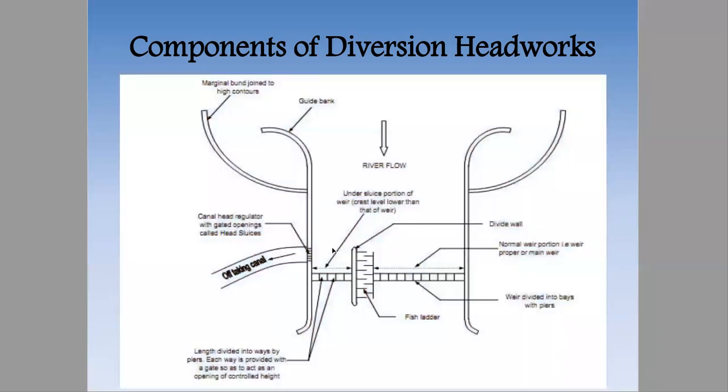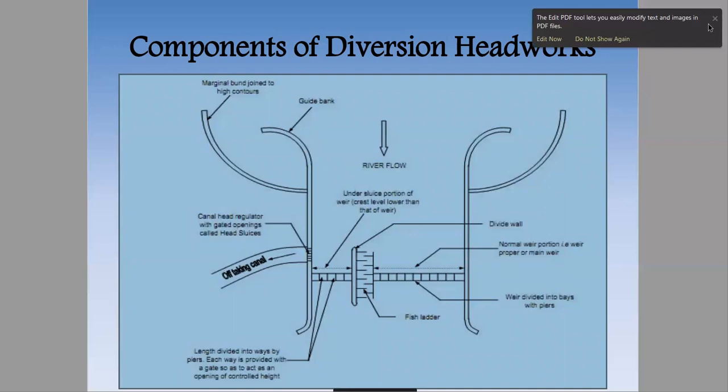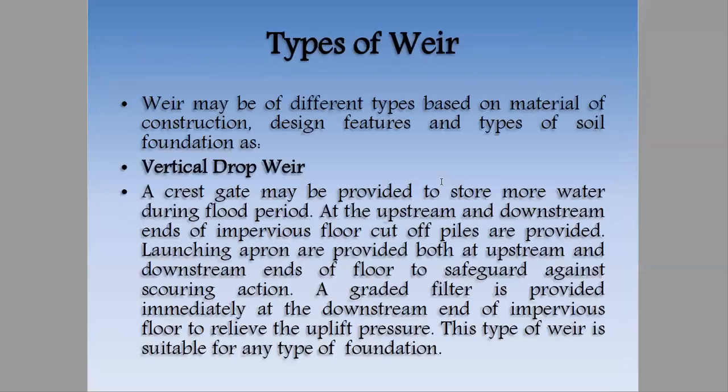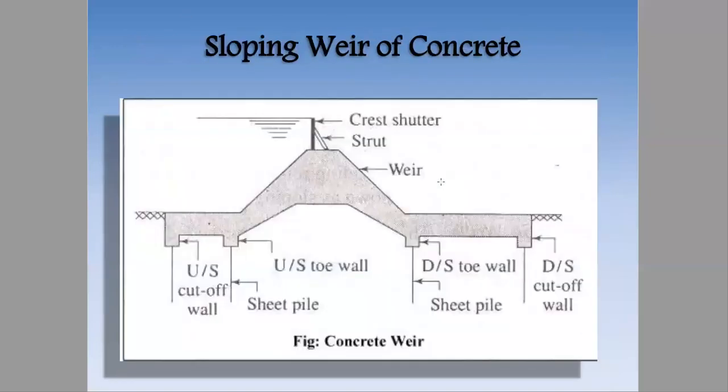Then we will not get that much supply. So to avoid such a situation, we use a divide wall that can easily regulate even in case of low flow. So this was the main function of the divide wall.